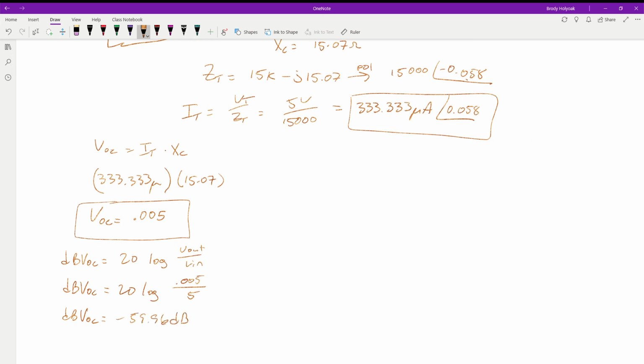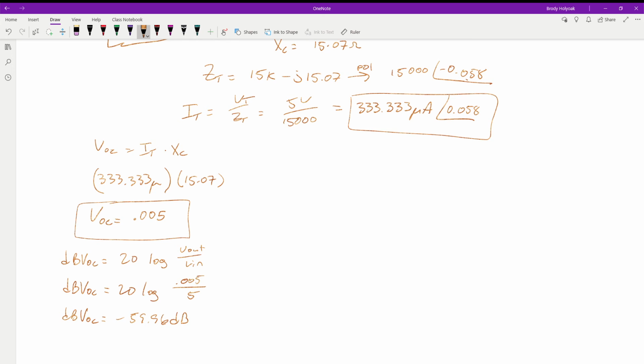So pretty much a negative 60 dB drop on our capacitor at this point. Basically what we're saying is we're at negative 60 dBs. That means our output is so little, it's next to nothing. We can barely register it. We can't get much lower than that, maybe 61, 62 dBs if we keep going.